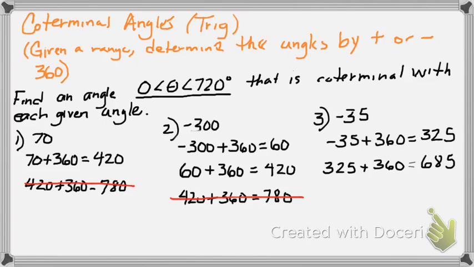And 685 is within the range. So let me try again. I do 685 plus 360, and that one is equal to 1045, which is outside of my range. So that would be coterminal, but it's not within the range that I want. So my answers for number 3 would be 325 degrees and 685 degrees.